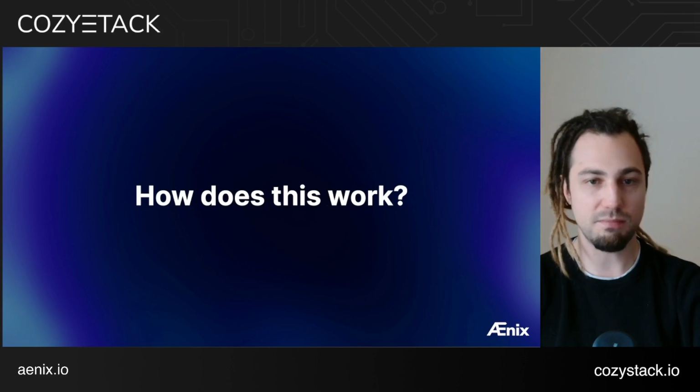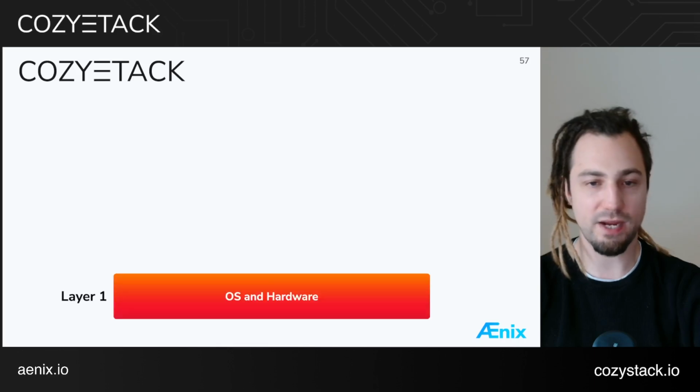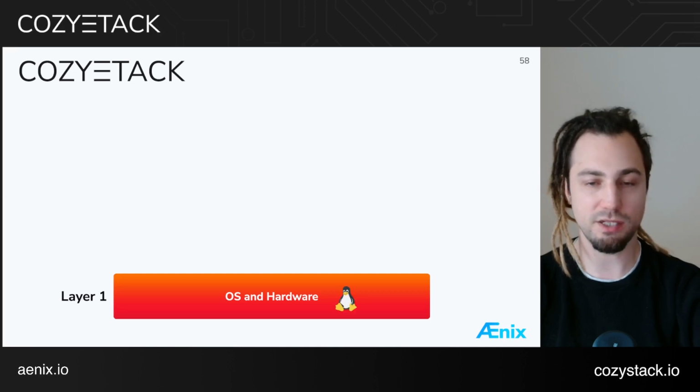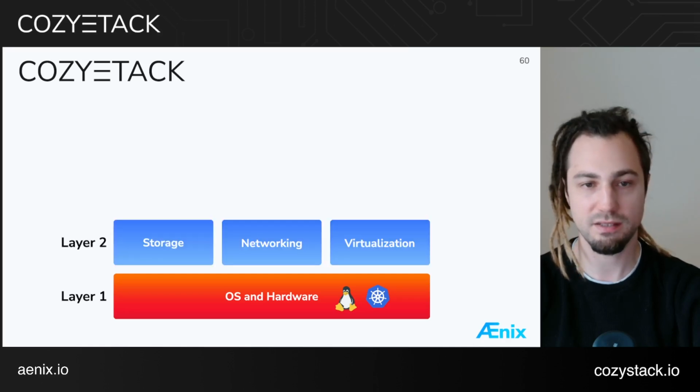Now let's talk about how this works. We can split our platform into 4 different layers. On layer 1 we have the operating system and hardware. That means on this layer we're managing the Linux kernel, the basic system, and also this layer provides us Kubernetes, the main Kubernetes API which we can use to deliver all the rest of the components.